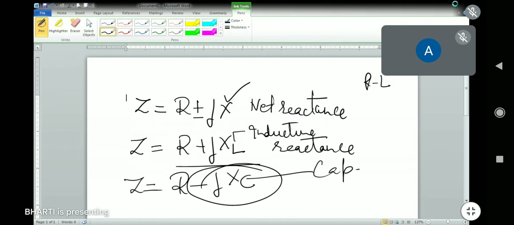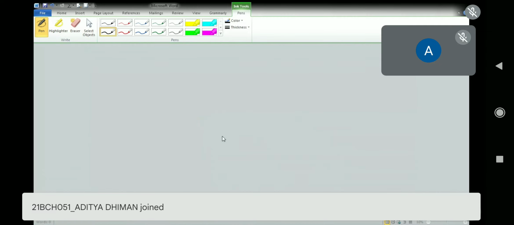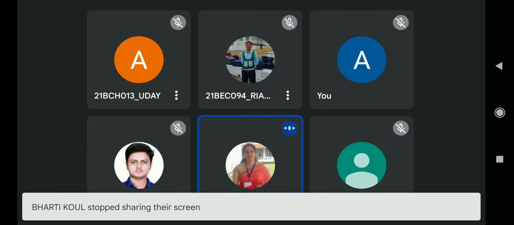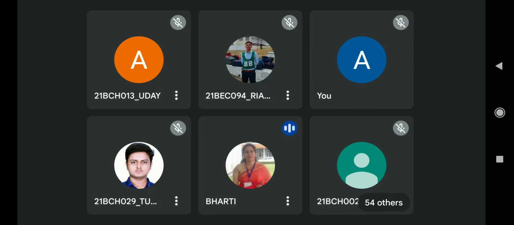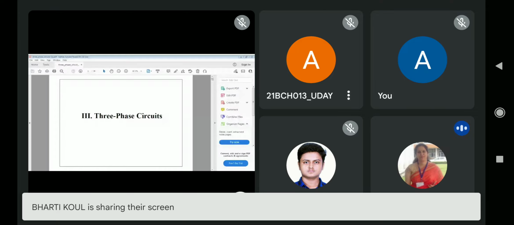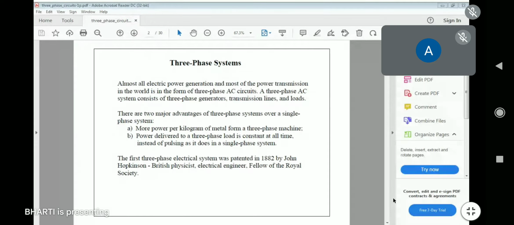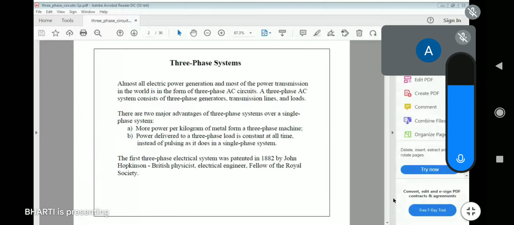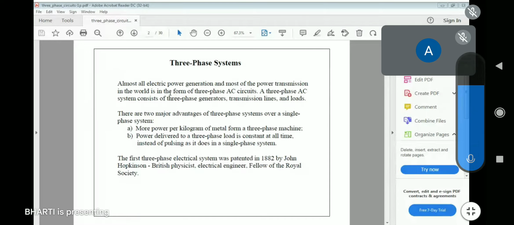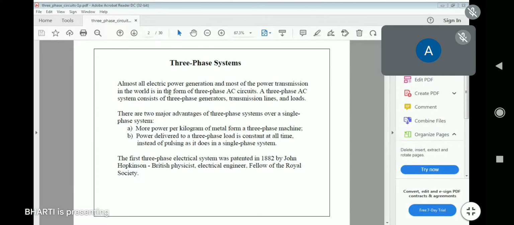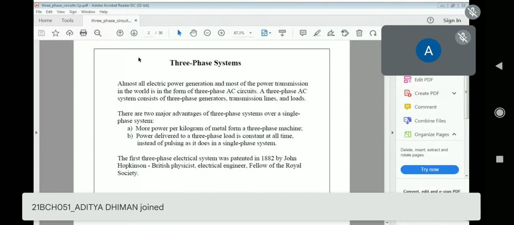Yes, ma'am. Okay. Now coming to today's topic, that is three-phase. These three-phase circuits, I told you yesterday, we also call them polyphase systems, or three-phase systems. I also told you that in electrical power generation and all the transmission systems in the world, that is a three-phase system.